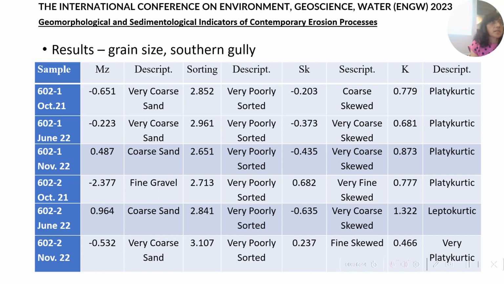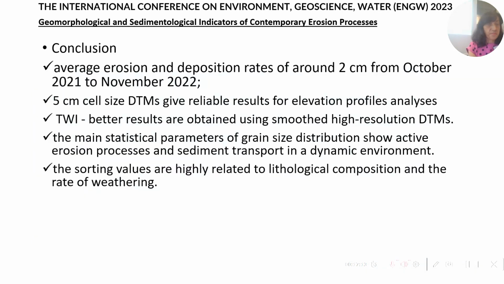High values of the sorting coefficient indicate more turbulent flow and intensive processes. Actually, the alternation of dry and wet periods in the area facilitates disintegration of slope materials, and in this relation leads to intensive erosion processes.